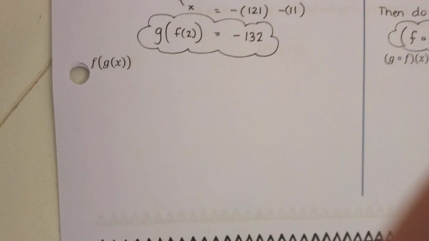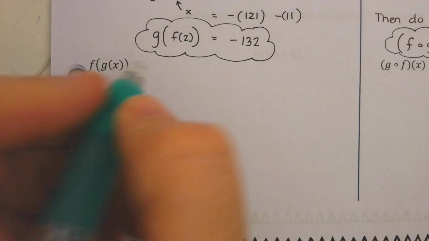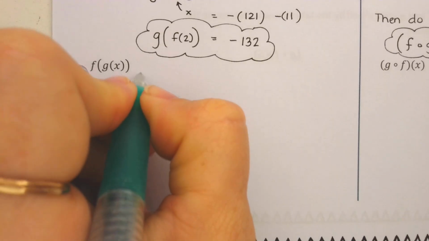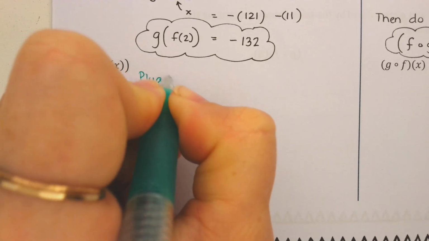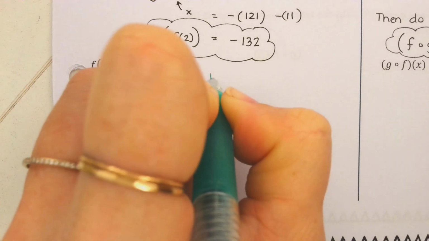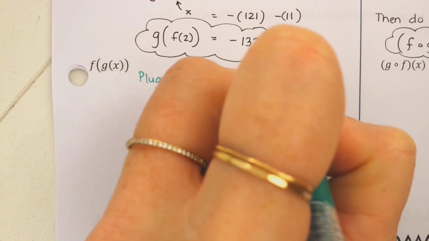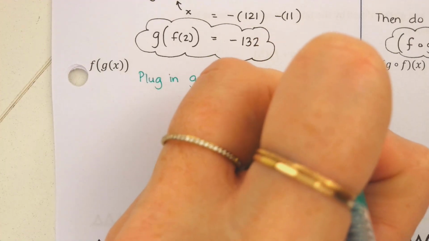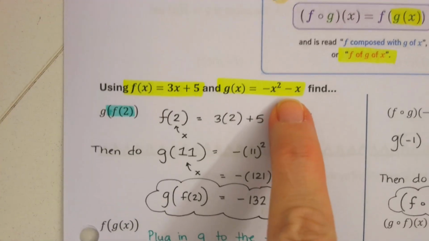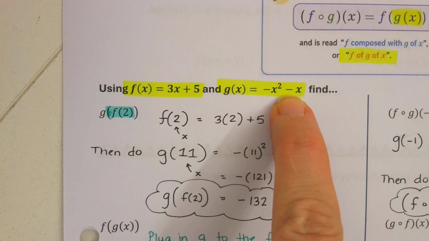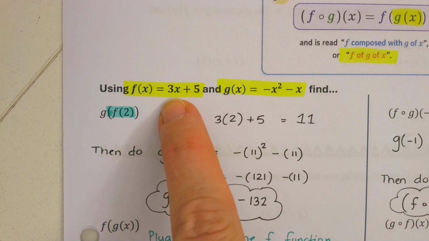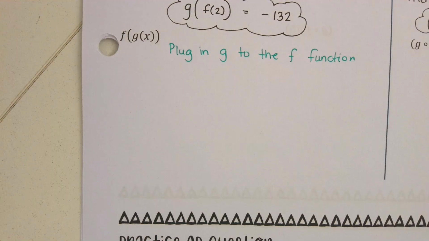So f of g of x right here, this is literally telling you to take g and plug g into the f function. Okay, so all of g, this whole output of g, is going to get plugged into the f function in place of its variables. So I'll show you what that looks like.